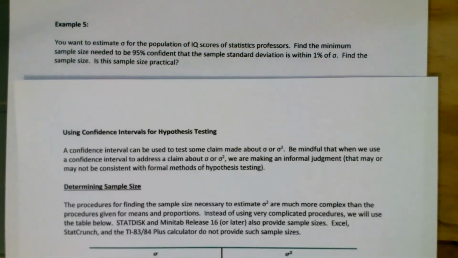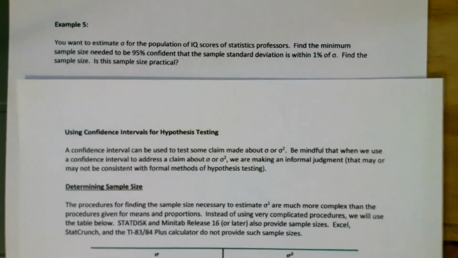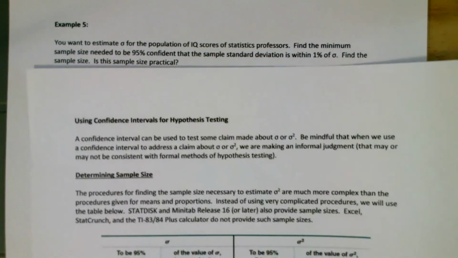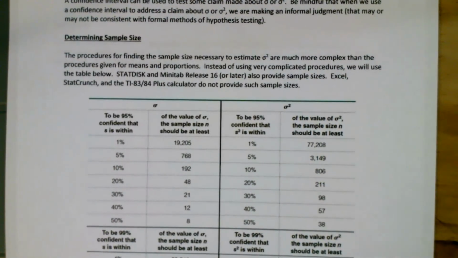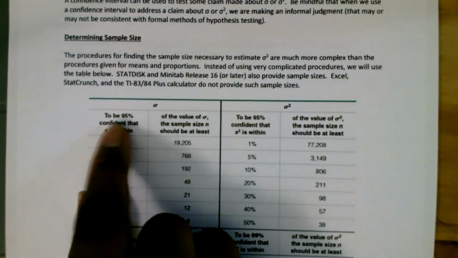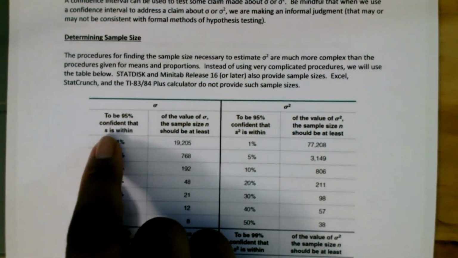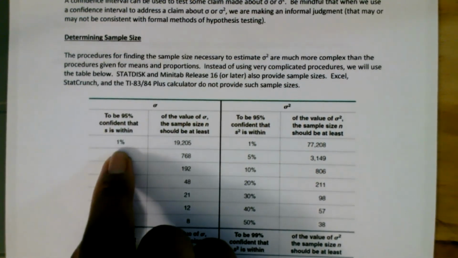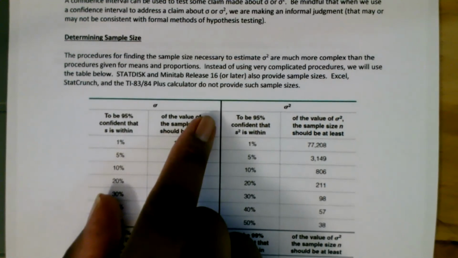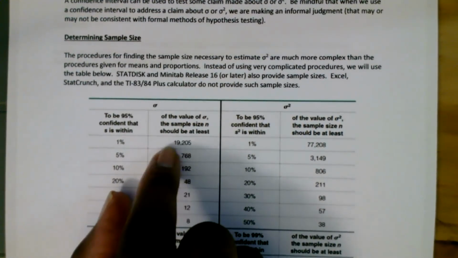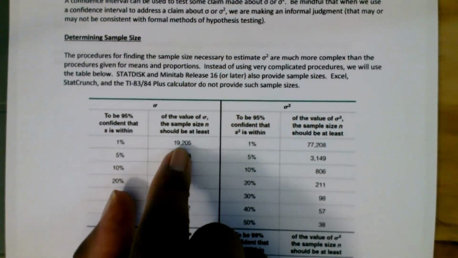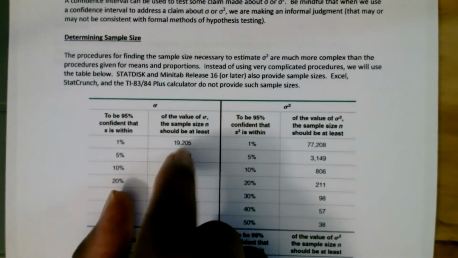We want to be within 1% of sigma, and we want to be 95% confident. So we have to use this part where it says 95% confident that S is going to be within 1% of the value of sigma. This is what your sample size should be. And in this case, it's 19,205.